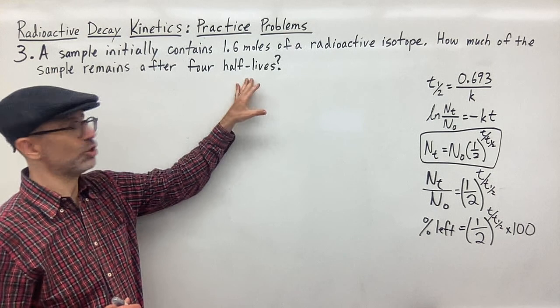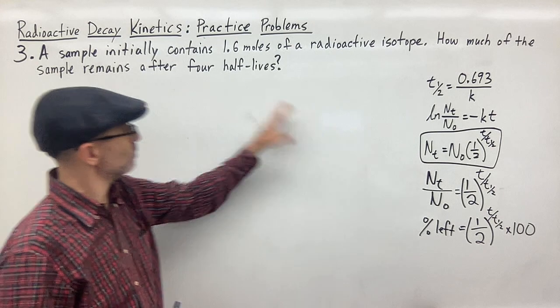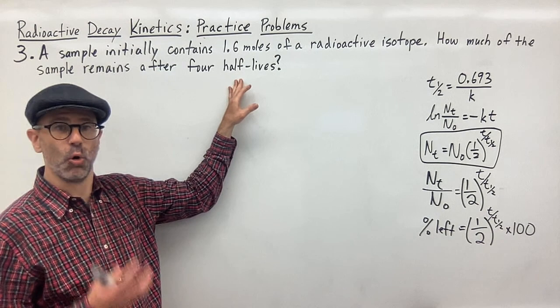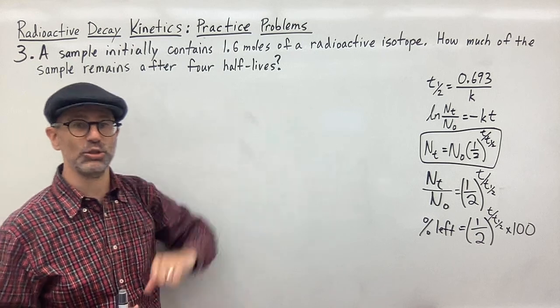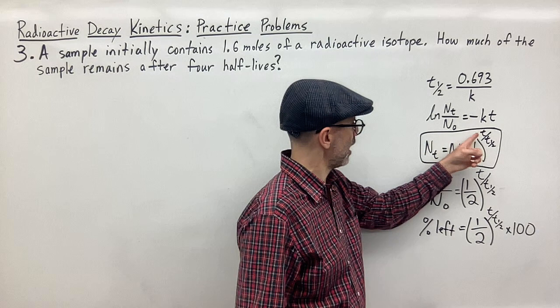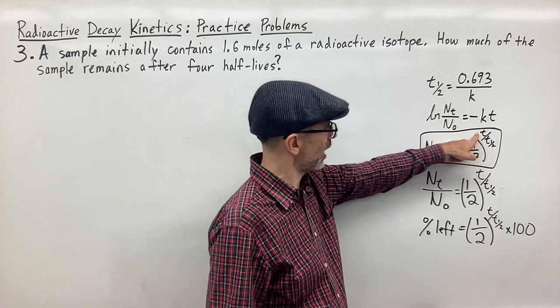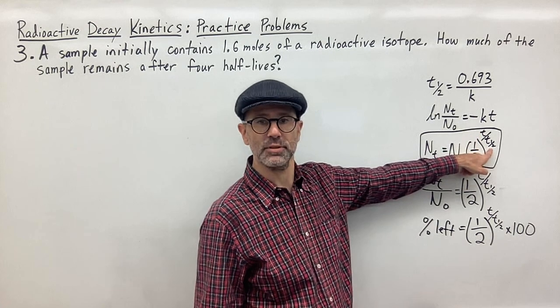We can still use this equation. Even if it wasn't a whole number of half-lives, if it was a fractional number of half-lives, we could still use this equation. Why? In here we have the total amount of time divided by the half-life.